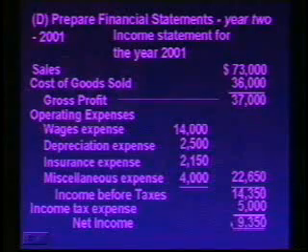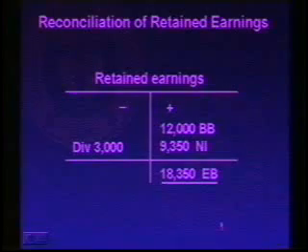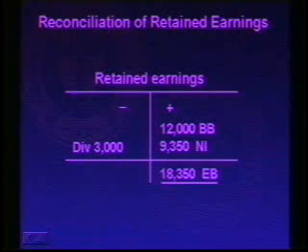Now, what is retained earnings at the end of the year? So if you go to the T account at the bottom of the page, or look at the screen, we had net income for the year, $9,350.